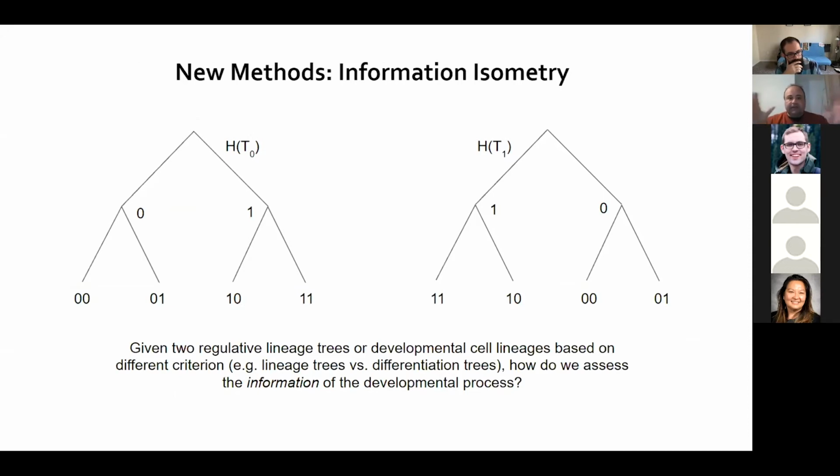If we have those two lineage trees, they're not going to be the same in terms of their ordering along the bottom of the tree, the tips of the tree, or even the internal nodes. So how do you compare? We may be able to compare something built from a molecular assay versus something built from an anatomical assay, and see if there's any information in that.